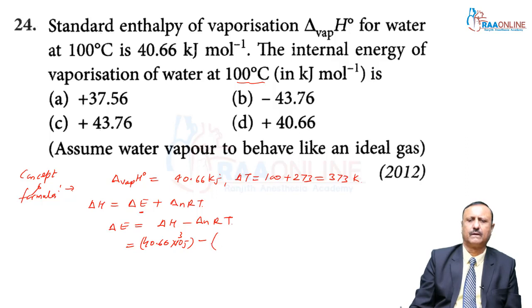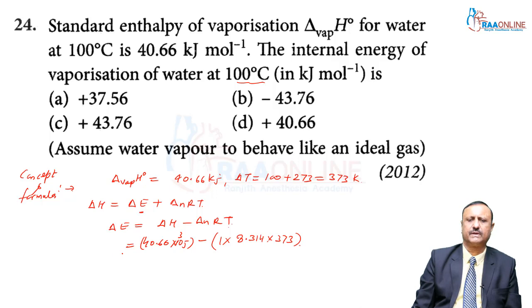Minus, my dear students, heat of vaporization means 1 mole of water is vaporized. So delta n, the change in moles, is 1, into R. R is taken in joule, 8.314, multiplied with the temperature in Kelvin, 373 Kelvin.